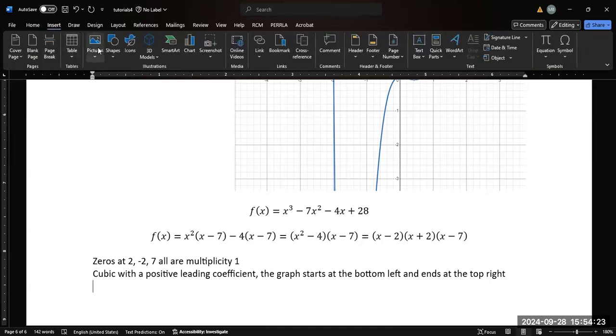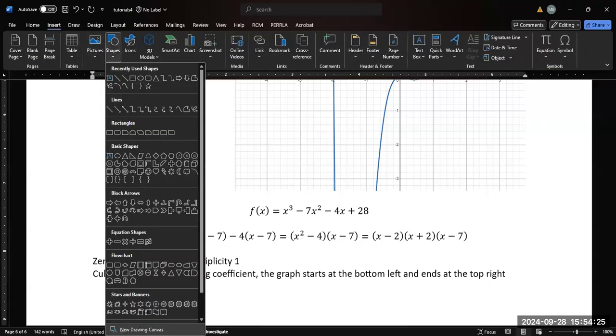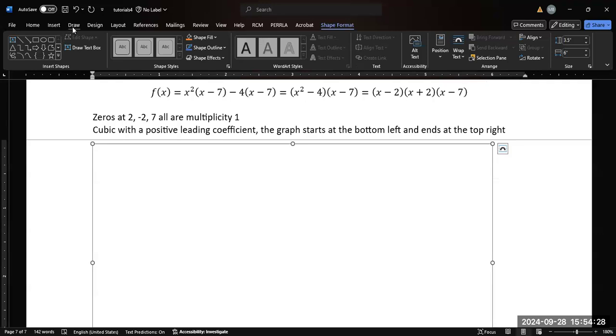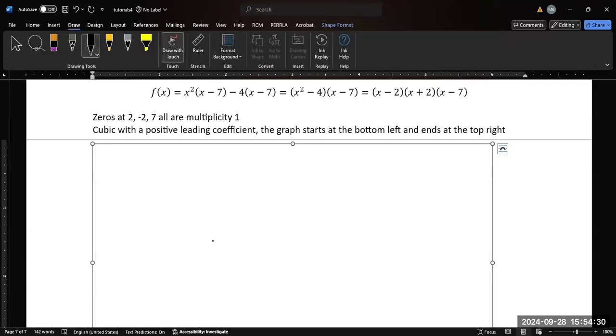Now, again, we're going to try to graph these just to get a sketch of what the general behavior is, and then we'll look at the technology. So we have zeros at 2, -2, and 7.